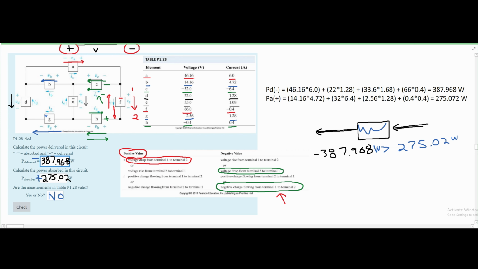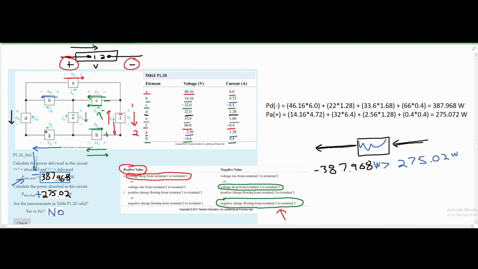We just know it's a positive by it not being negative. However, for our delivery, we do have to note, and it's super key, that we have a negative in front of this. And that is the answer: negative 387.968 for the delivered power, 275.02 for the absorbed power, and no, the measurements in our table are not valid, as well as the work that we did to solve this problem.